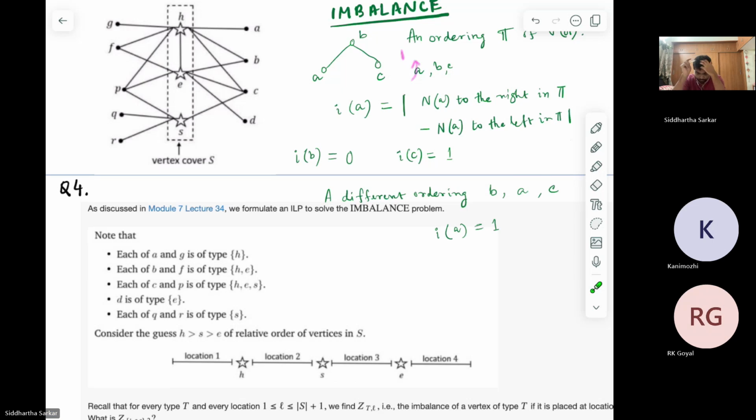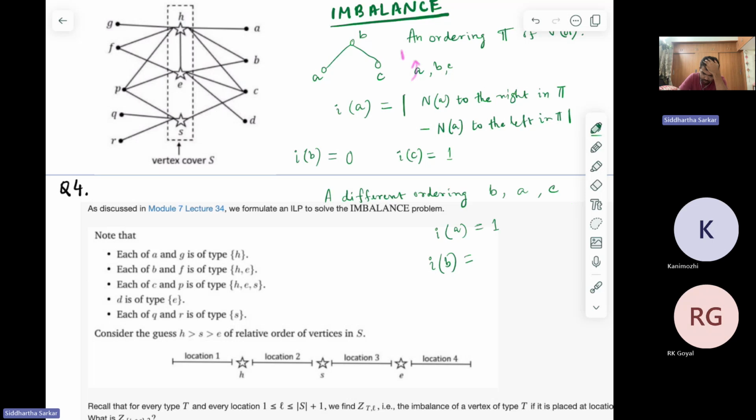Okay. So now with respect to this ordering, if you see, A has only one neighbor, B, and B is to the left. So this value is 1, this value is 0. So 0 and minus 1, this is 1. But on the other hand, what is the imbalance of B? So B has two neighbors.